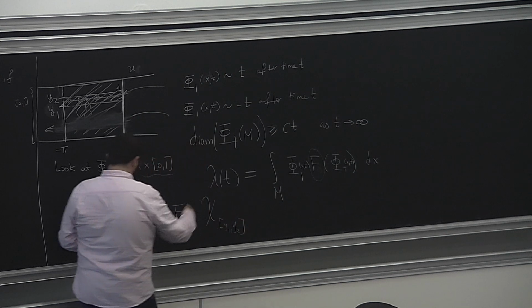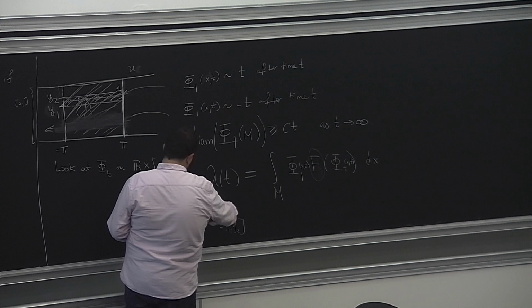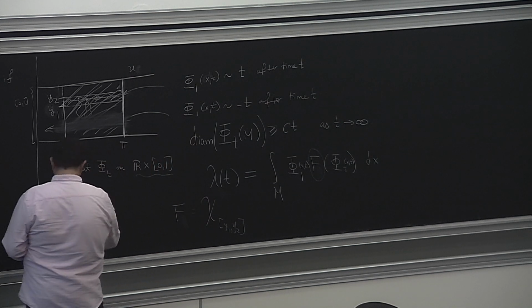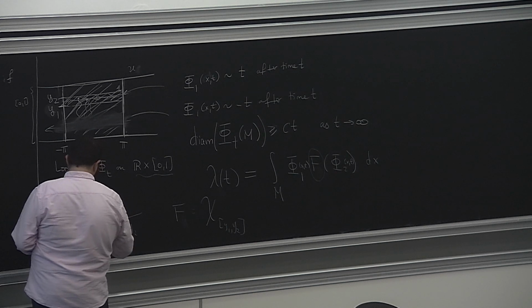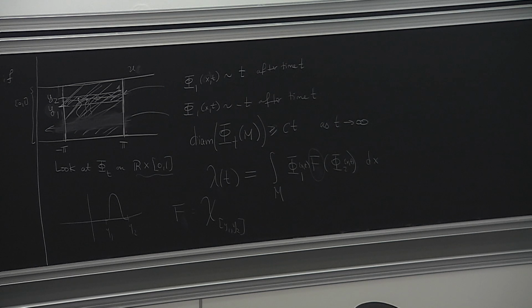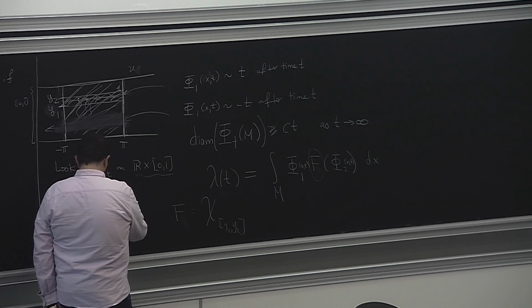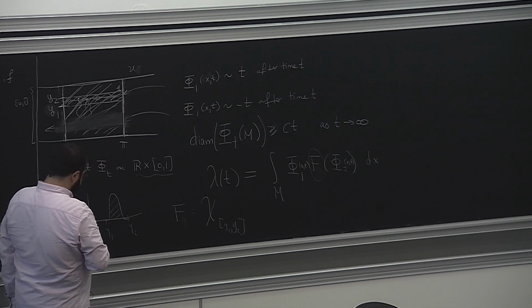Okay, so maybe that's bad notation. This is just a smooth cutoff. It's just a function of one variable, like that. It's a positive function. Maybe its integral is 1. And it's supported between y1 and y2. Okay?